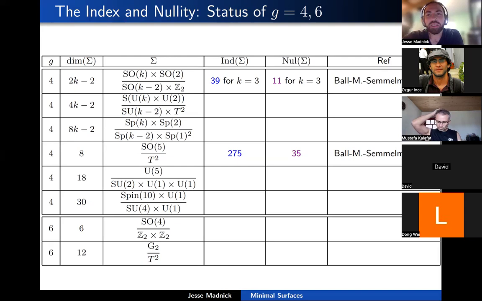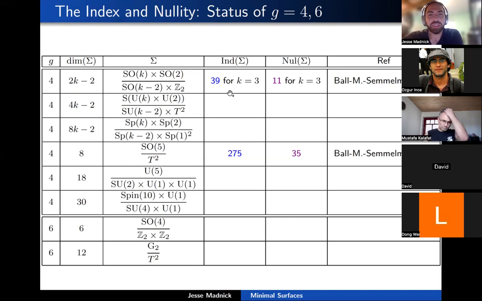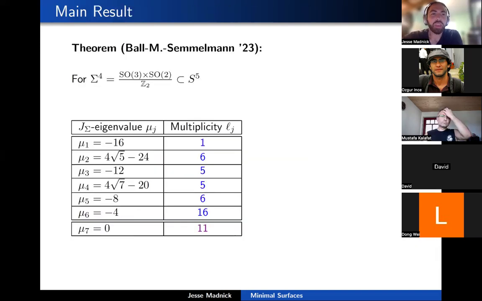Okay, so how are we going to do this? Again, we need the spectrum of the Laplacian, by which we mean the eigenvalues and their multiplicities. Although I've stated the result as index and nullity, there's a more detailed, stronger statement that implies this. For the 4-dimensional hypersurface, what we obtain is this list of Jacobi eigenvalues and their multiplicities.